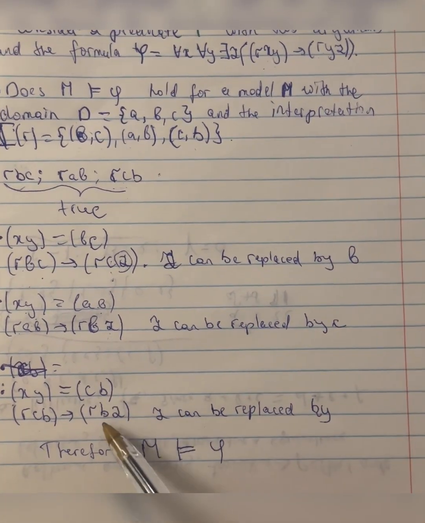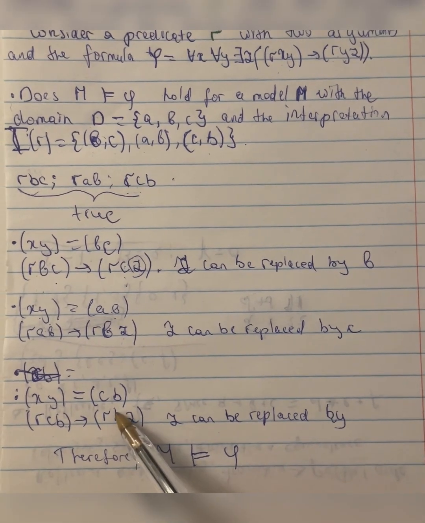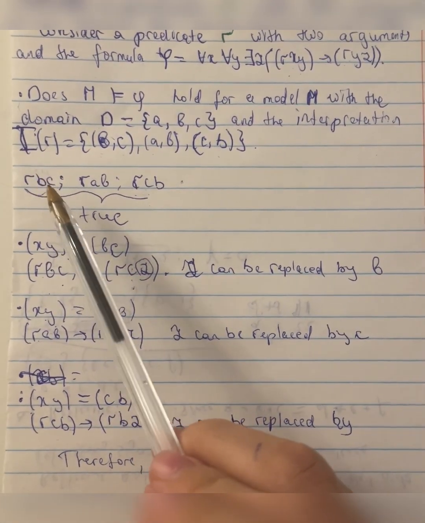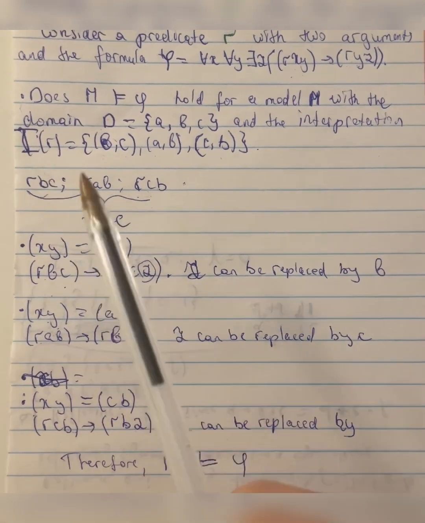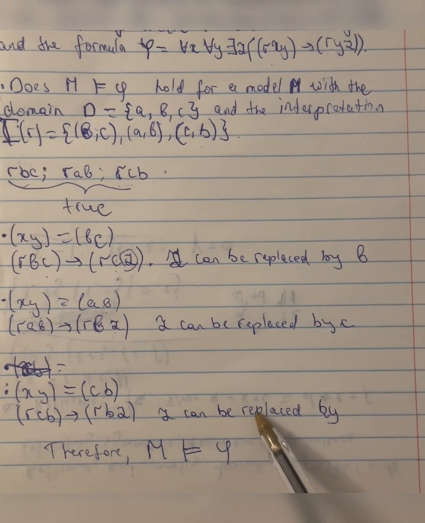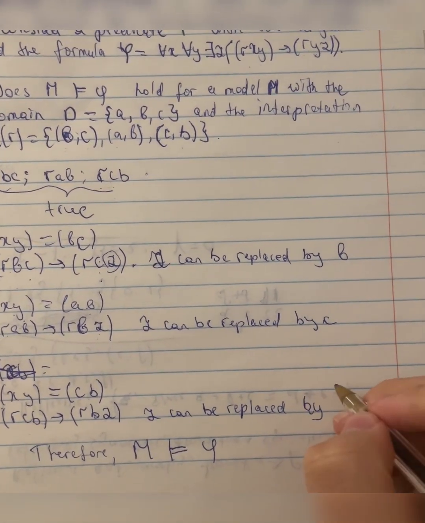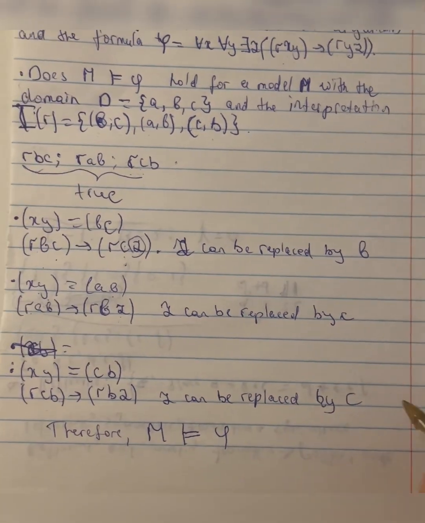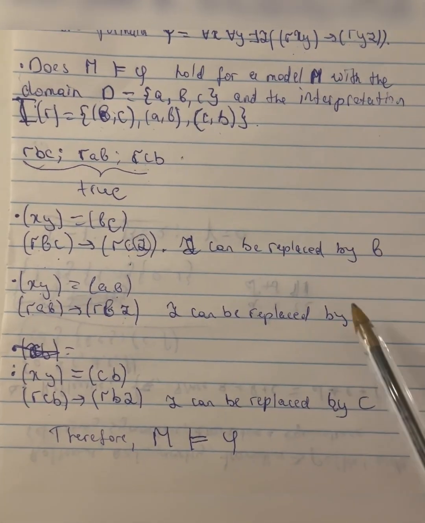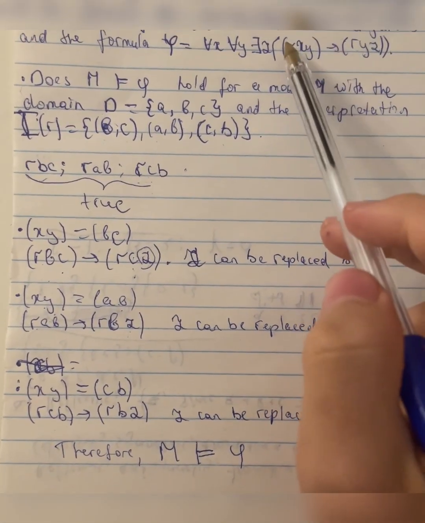Here we again don't have Z. Therefore we look at the previous one, B, and try to find a statement that starts with B. Here you can see RBC. R matches, B matches, and again we replace Z by C. Therefore, since all these are found, M entails this formula.